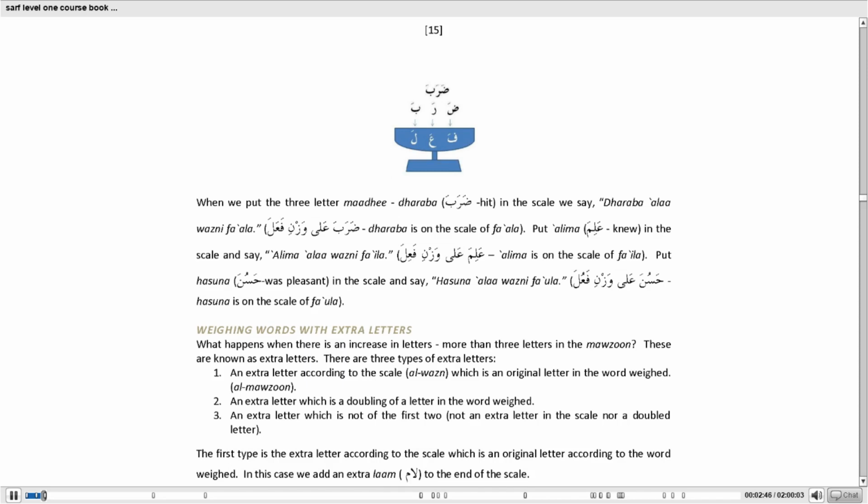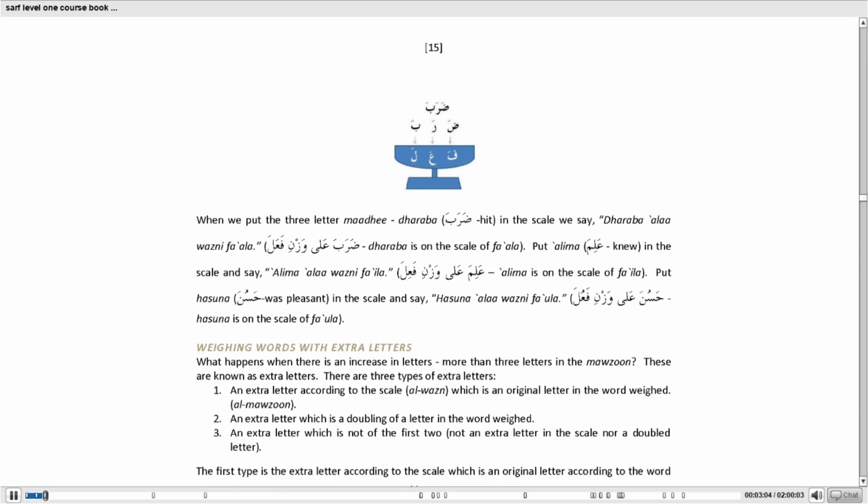And we said also that in general there are two purposes of the scale. The first one is to differentiate and distinguish between the extra letters and the original ones, and to know the order of each letter.